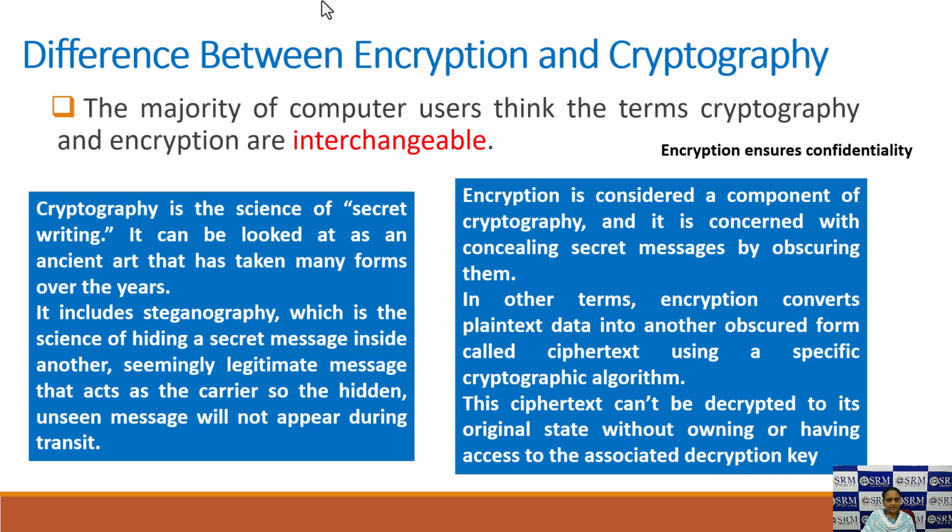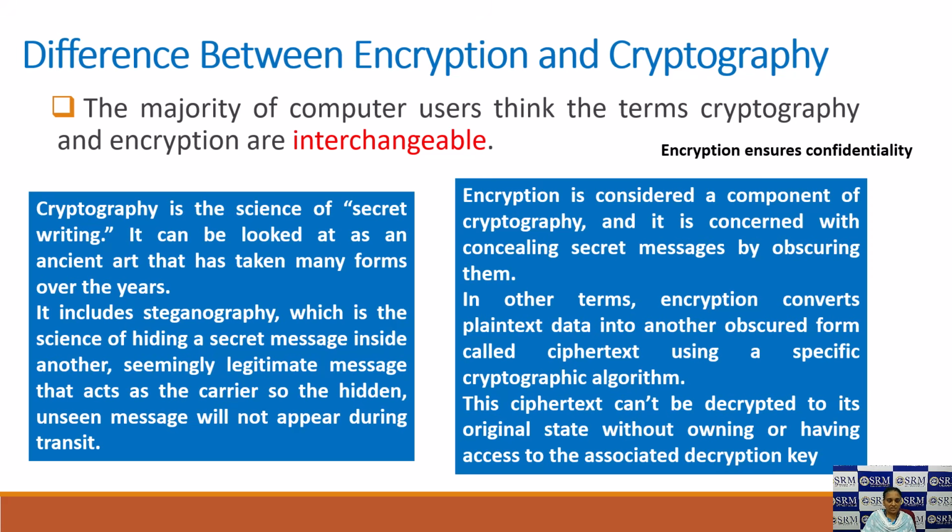Let us first see the difference between encryption and cryptography. Many of us think that both are the same, interchangeable, but it is not so. Basically, encryption is a component of cryptography, whereas cryptography is the science of secret writing.